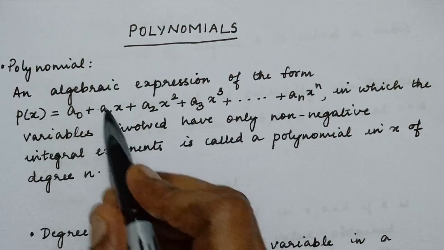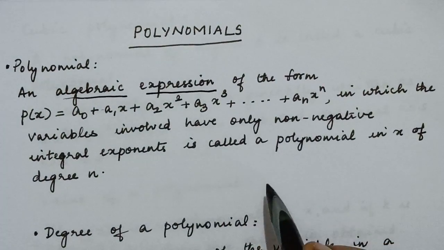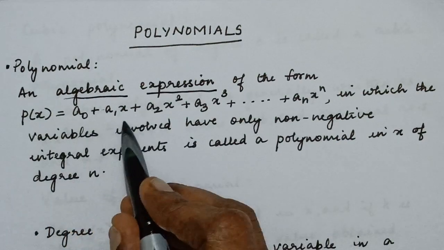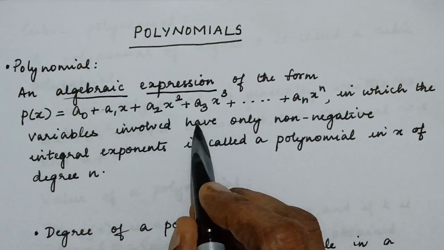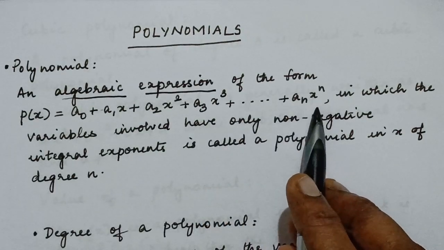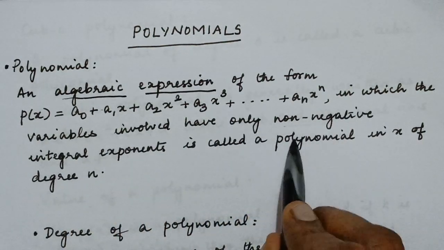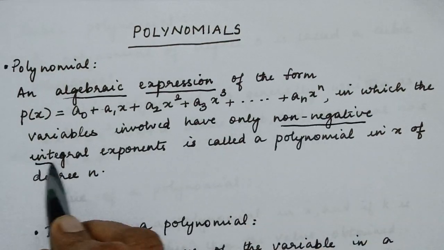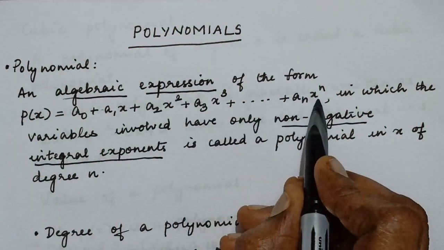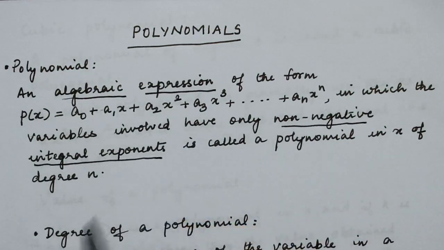So here it is given that a polynomial is an algebraic expression of the form p of x is equal to a0 plus a1x plus a2x squared plus a3x cube plus etc. plus an x raised to n, in which the variables involved have only non-negative integral exponents, that is, the power should not be negative, is called a polynomial in x of degree n.